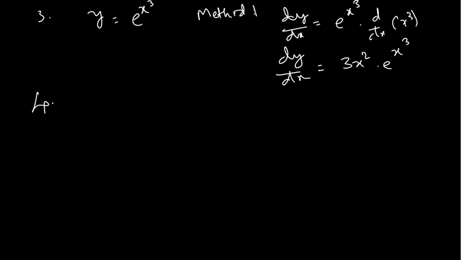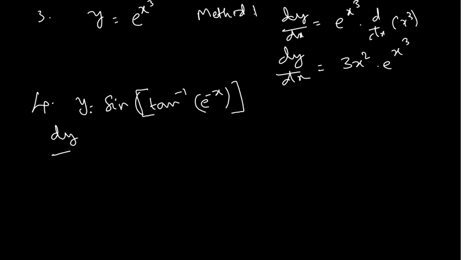So the next is sine of tan inverse e power minus x. So dy by dx: first what you are seeing is a sine, so for that it will be cos.